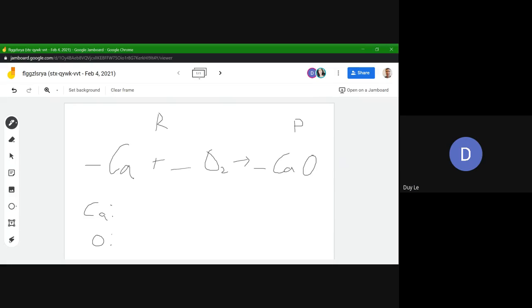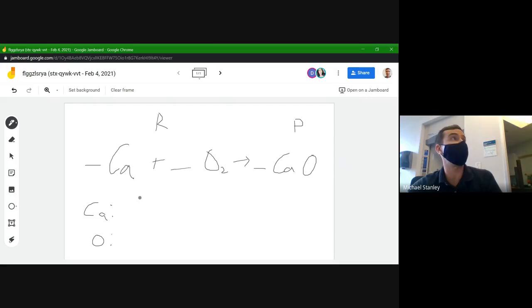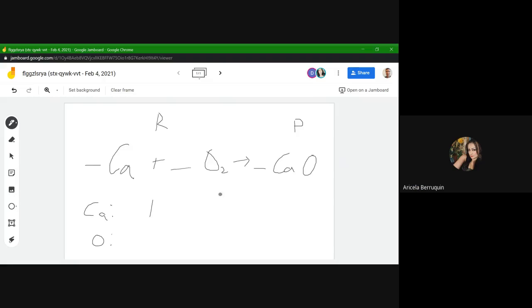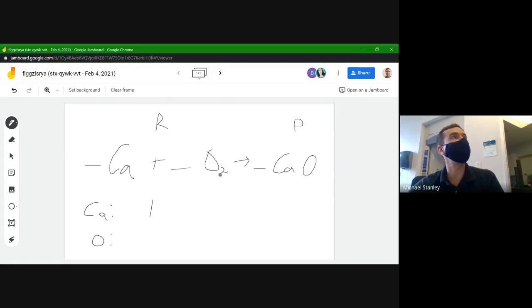No. So we only have 1 calcium to start. The Ca is just on its own. What about oxygen? How many oxygens are we starting with? 2, because we got our little subscript down here. So we're starting off with a total of 1 calcium and 2 oxygens on our reactant side.